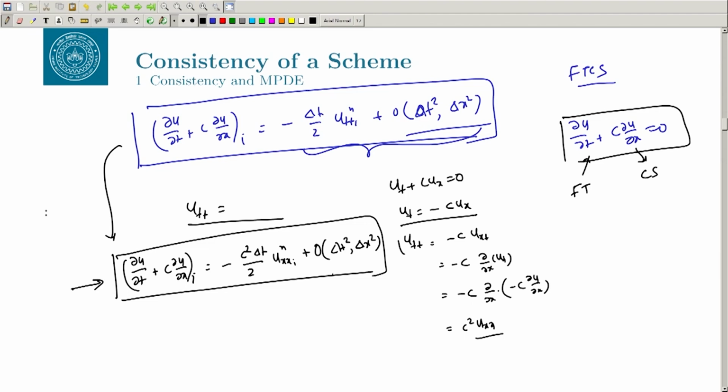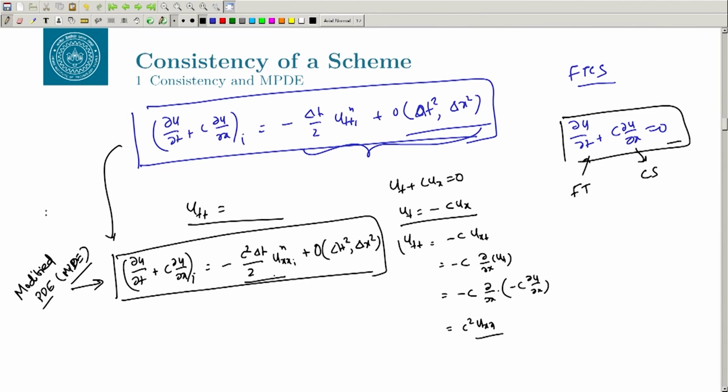This equation is called the modified partial differential equation, or MPDE. What is it exactly? When we are using a certain discretization scheme, it actually modifies the PDE, and instead of solving the original problem, we are solving this problem.